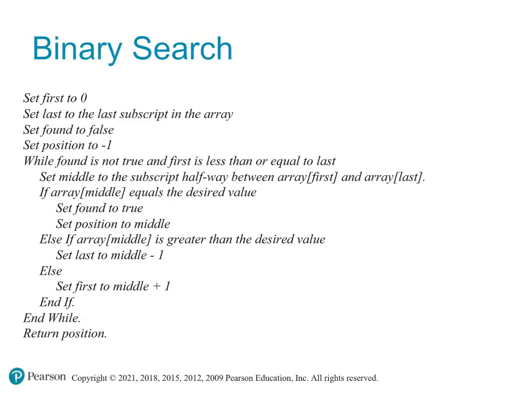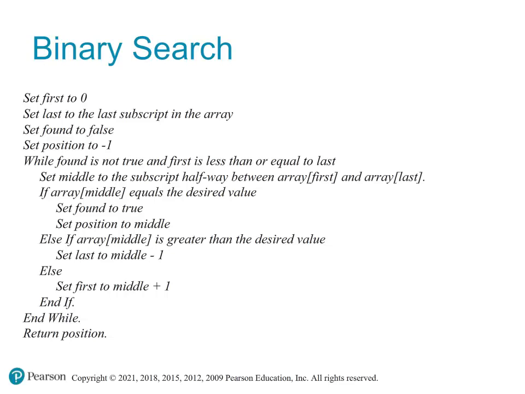In this slide, we outline the general algorithm steps of binary search. So first, we initialize first to 0 and last to the last index of the array. Also, set a found flag to false and the position to -1.